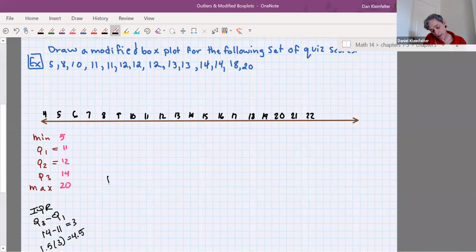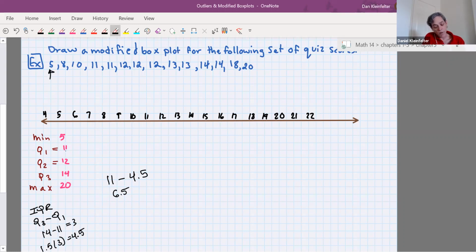If we say 11 minus 4.5 is 6.5. Should have known that. Okay, so data values that are below 6.5 we would consider to be outliers. So that would suggest that 5 is an outlier.